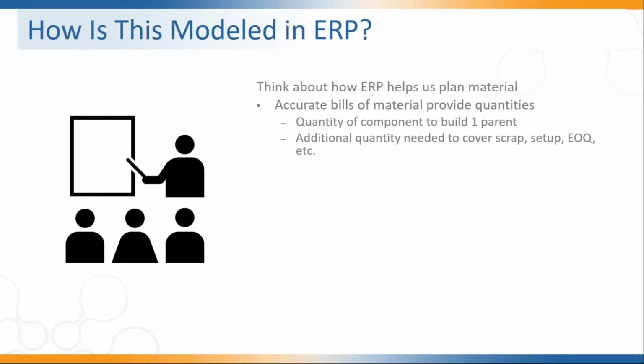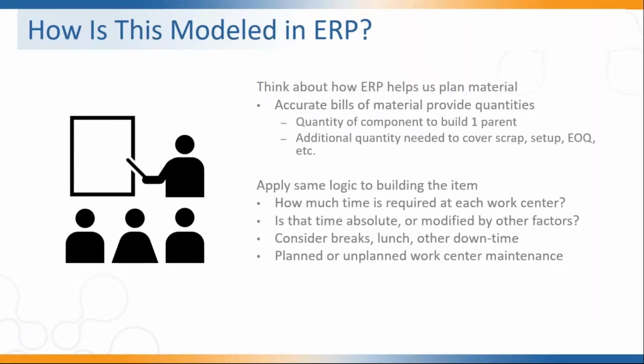Remember, for planning material, the ERP system required accurate bills of materials that would provide the quantities of the components that are needed to build one parent. Additional quantities were also covered by the bill of material for things like scrap, setup quantities, economic order quantities, things like that, that would affect the amount of each component that we might need.